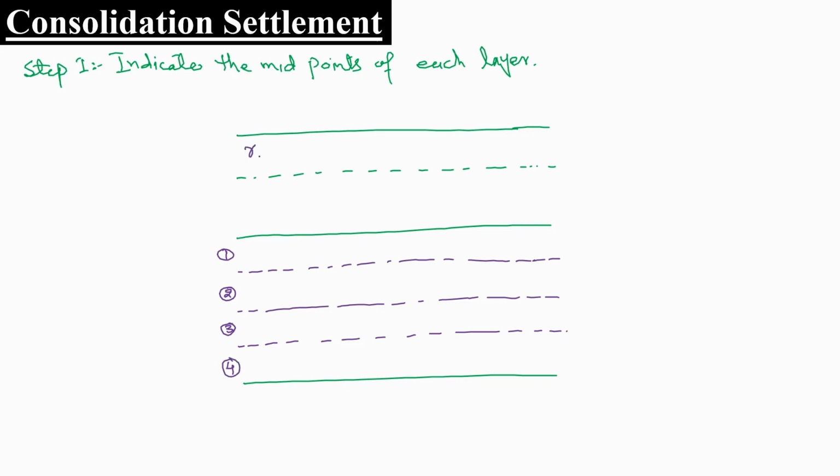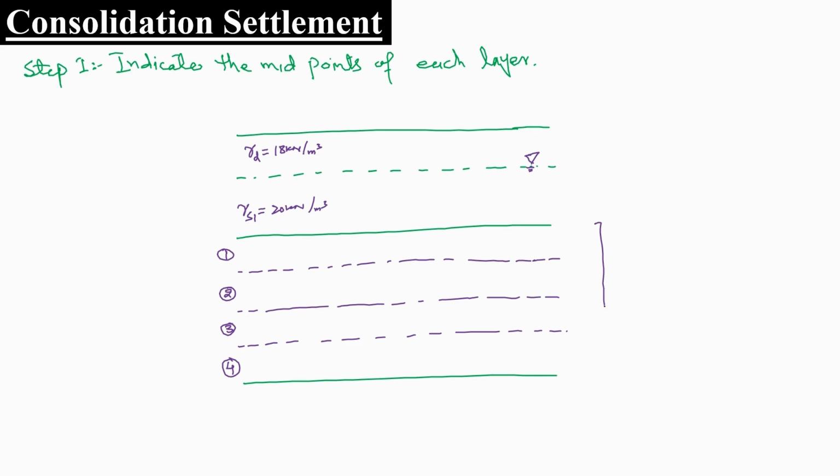Just write down gamma. Gamma d is equal to 18 kilonewtons per meter cube. This is the water level. This is gamma saturated 1, this is 20 kilonewtons per meter cube.